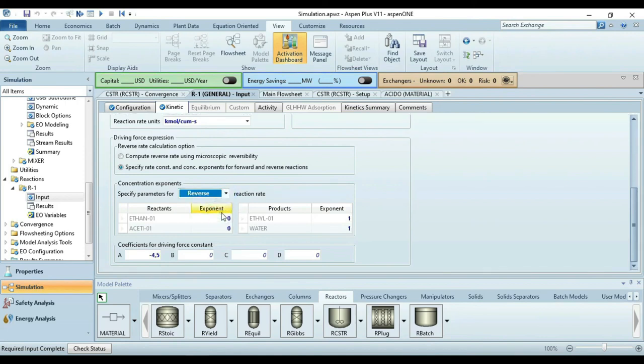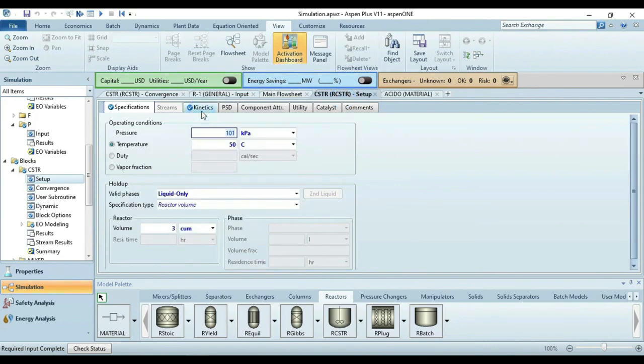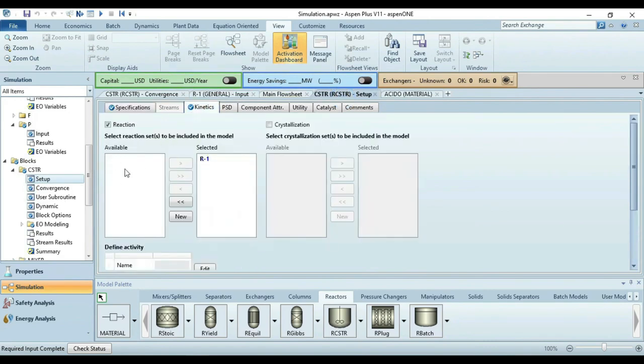So let's change to reverse, and for reverse we have the exponents equal to 1 for the products, and for obtaining this value of the equilibrium constant we must specify minus 4.5 as our coefficient for A. So once the conditions for this reaction are specified, the reaction is configured and it can be imported in this form of the CSTR model.